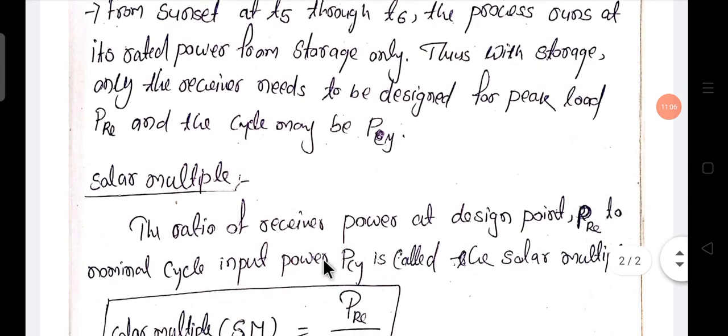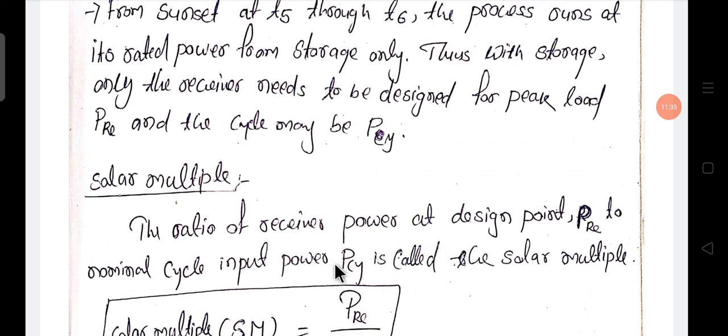Now see what is solar multiple. The ratio of the receiver power at design power PRE to the nominal cycle input power PCY is called the solar multiple. What is solar multiple?